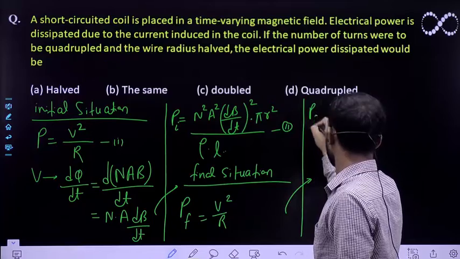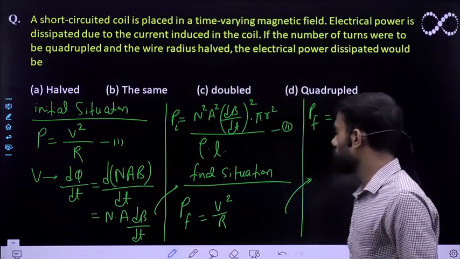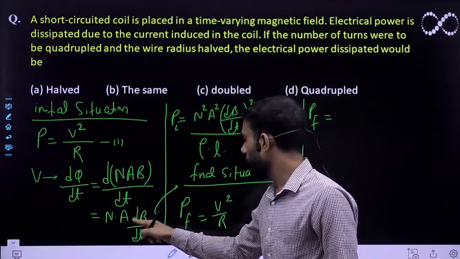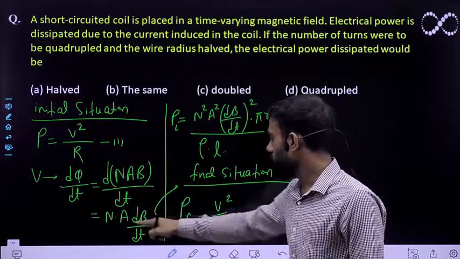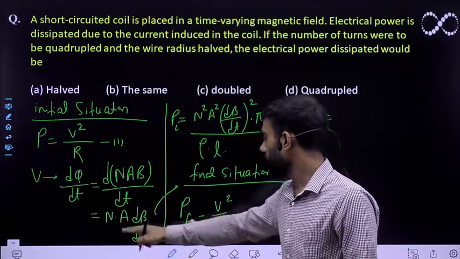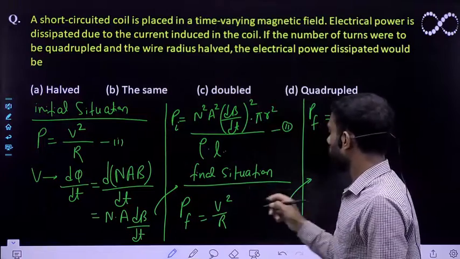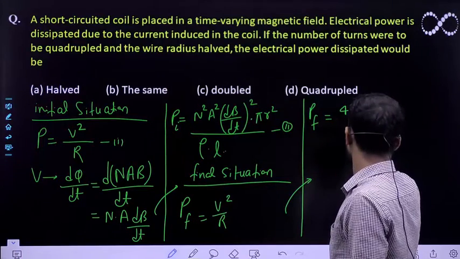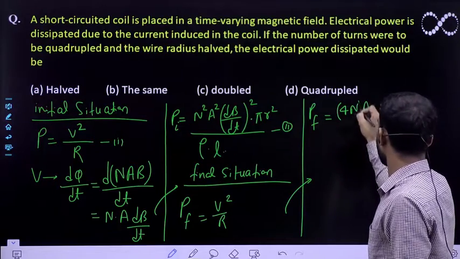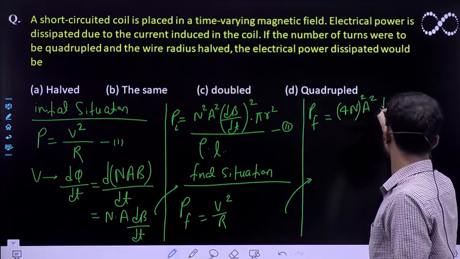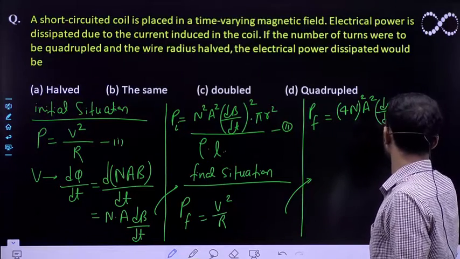V is N A dB by dt, so dB by dt will remain the same, area of cross section will also remain the same, N becomes 4 times, so this will become 4N A, and this squared, A squared and (dB upon dt) squared, so this becomes your V squared.